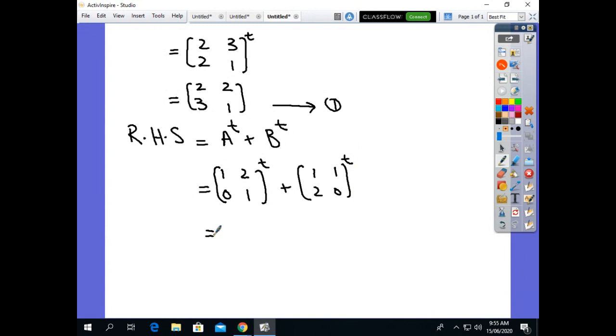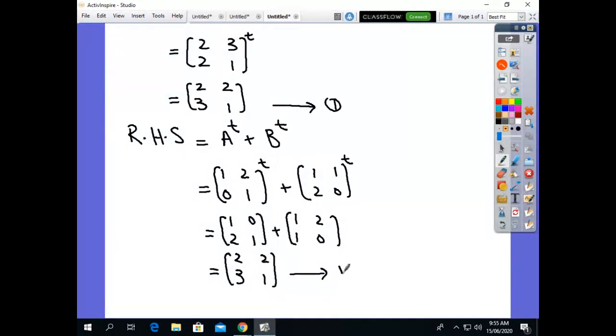Taking transpose of matrix A, we get [1, 0; 2, 1], and taking transpose of matrix B, [1, 2; 1, 0]. Now adding these two matrices, we get [2, 2; 3, 1]. It's matrix equation 2. From equation 1 and 2, we see that both the answers are same.